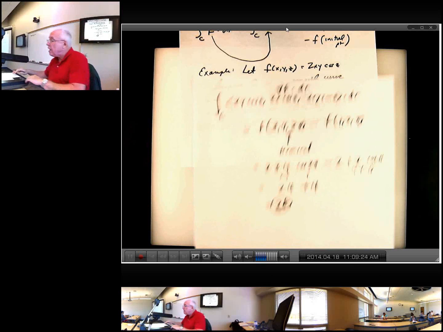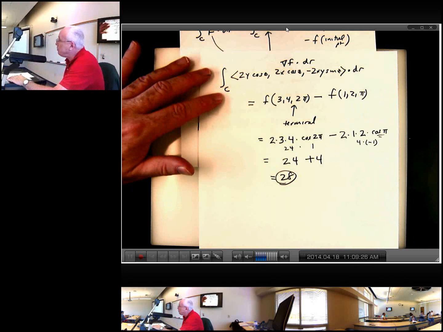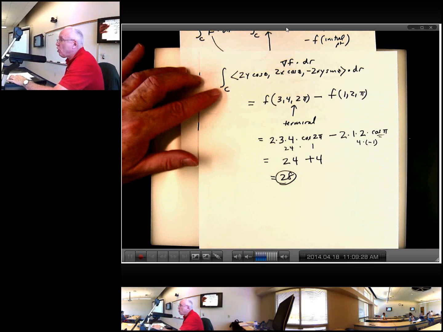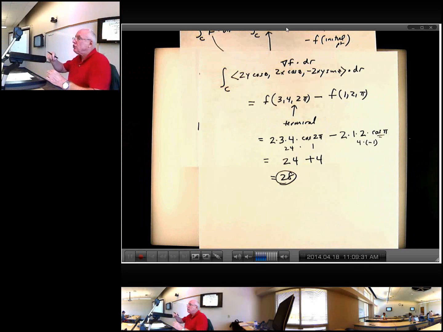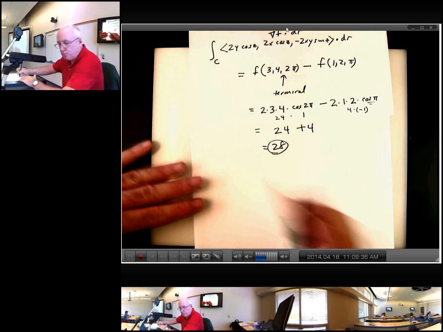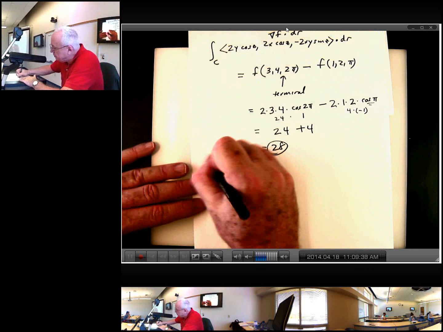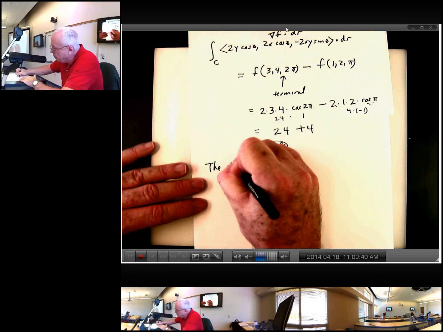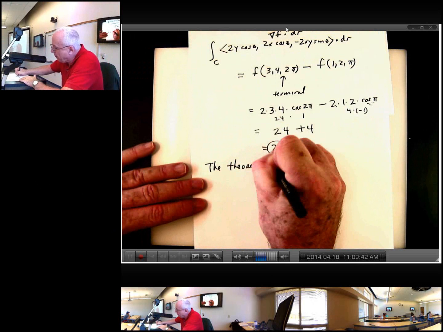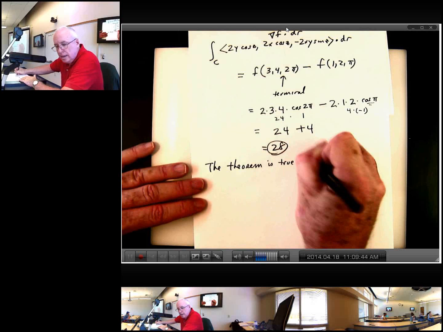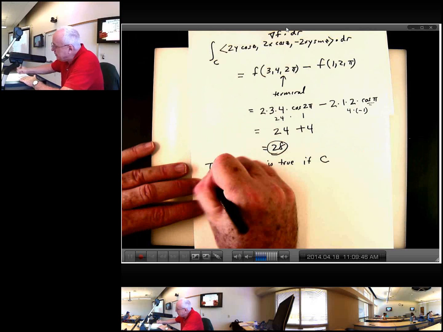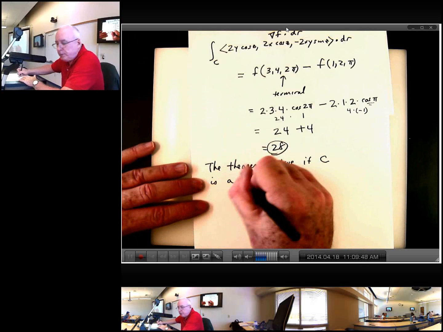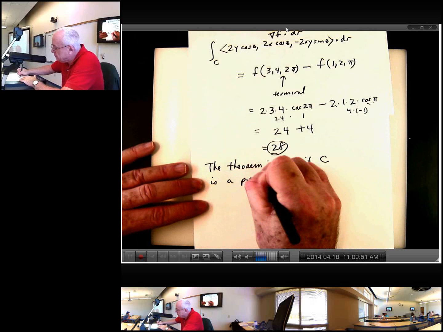Now, this theorem holds even if our curve is a joining together of other smooth curves. So let me put it this way: this theorem is true if C is a piecewise smooth curve.